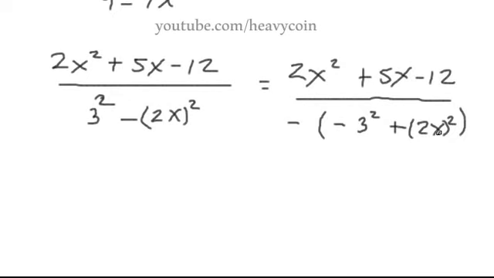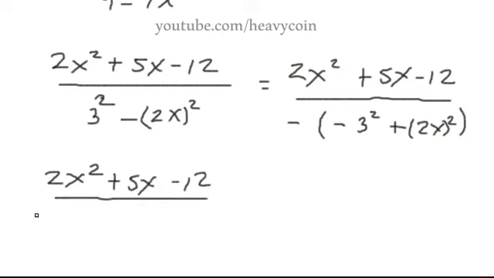Now I can rewrite this piece right here. 2x squared plus 5x minus 12 over, pulling that negative out, and I'm going to rewrite this because this is kind of the standard form we've been using earlier, and this is minus 3 squared, the difference of squares here.